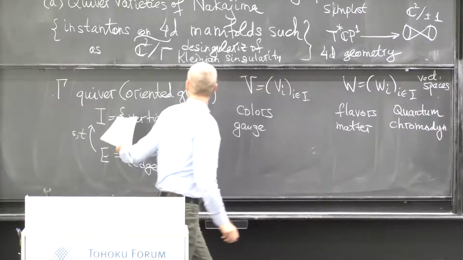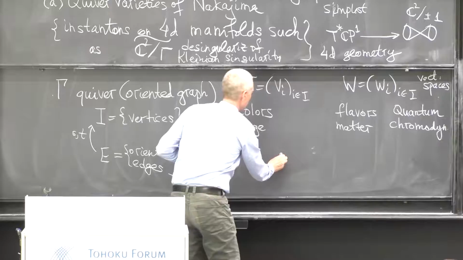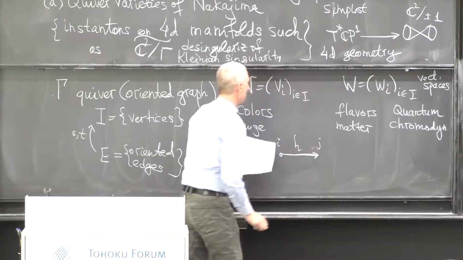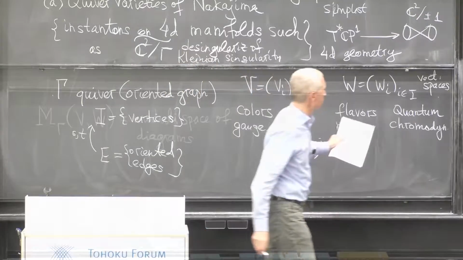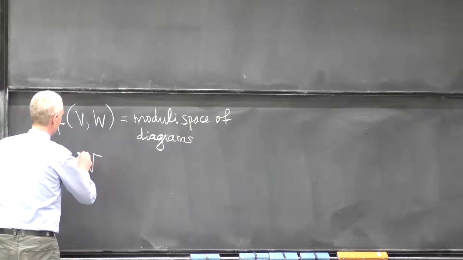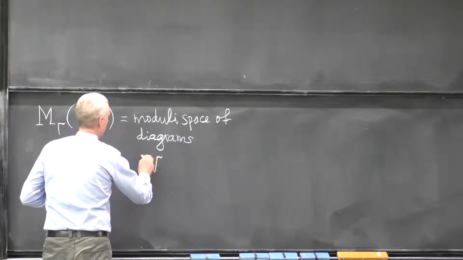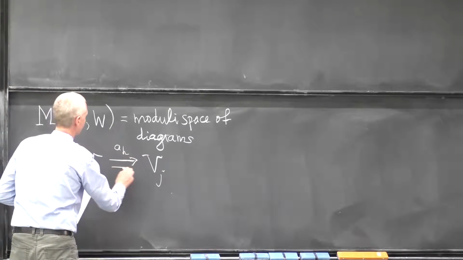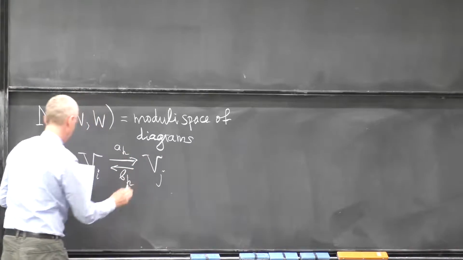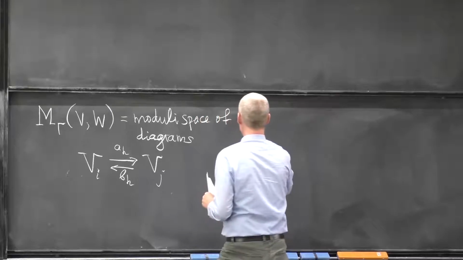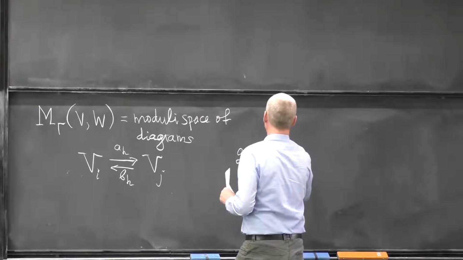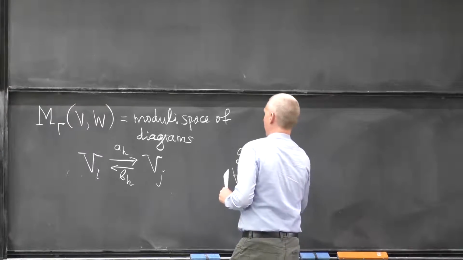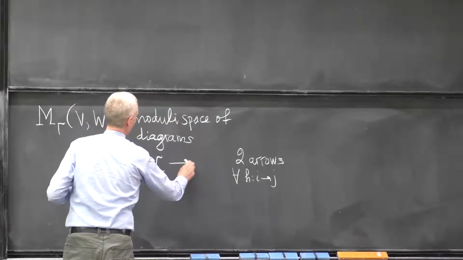So each arrow of the quiver, so if I have a quiver, it will be something like this. There will be an arrow h joining i and j, and each arrow will be doubled. So for each arrow from i to j, there will be two arrows, A_h, B_h. So here let me write two arrows. For every h, i to j, there will be more things like this.